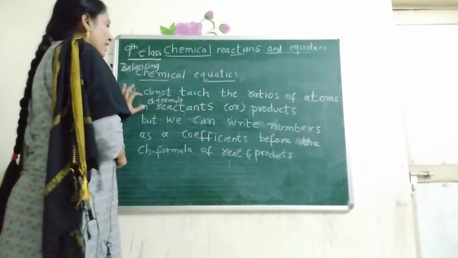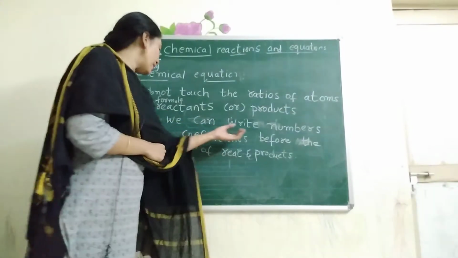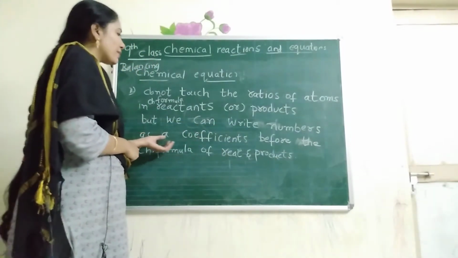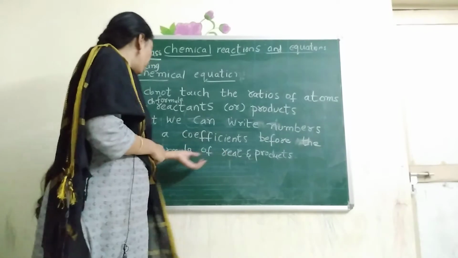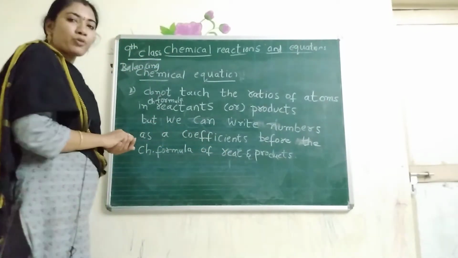See here, what I am saying: we should not touch the ratios of atoms, but we can write the numbers as coefficients before the chemical formula of reactants and products.